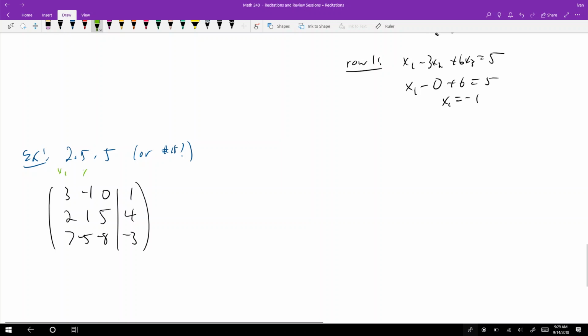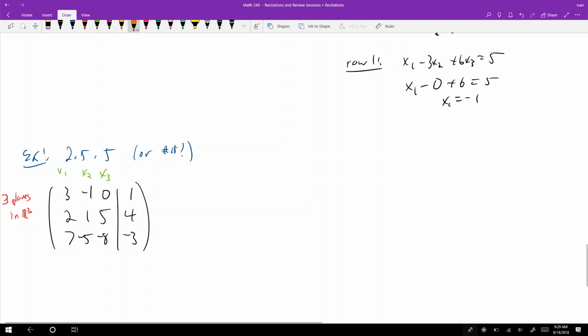Again, got x1, x2, x3, and what kind of shape do we have? Like what shapes in what space? Yeah, 3 planes in R3. And I guess I didn't really talk about what this really means.